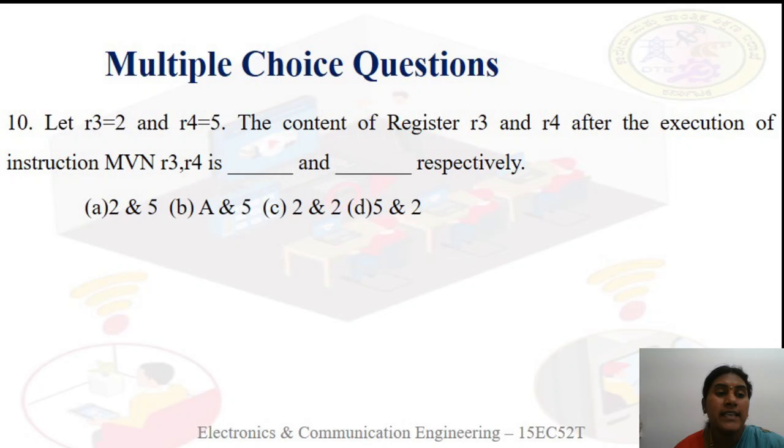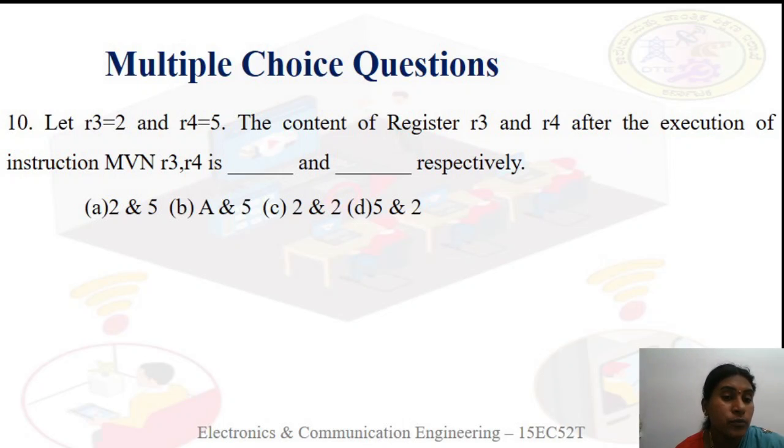Okay, next, let R3 equal 2 and R4 equal 5. The contents of registers R3 and R4 after the execution of the instruction MVN R3, R4 are dash and dash respectively. My dear students, here we are using the move negative instruction. R3 is the destination and R4 is the source. The value given for the source register is 5. 5 means 0101, right?